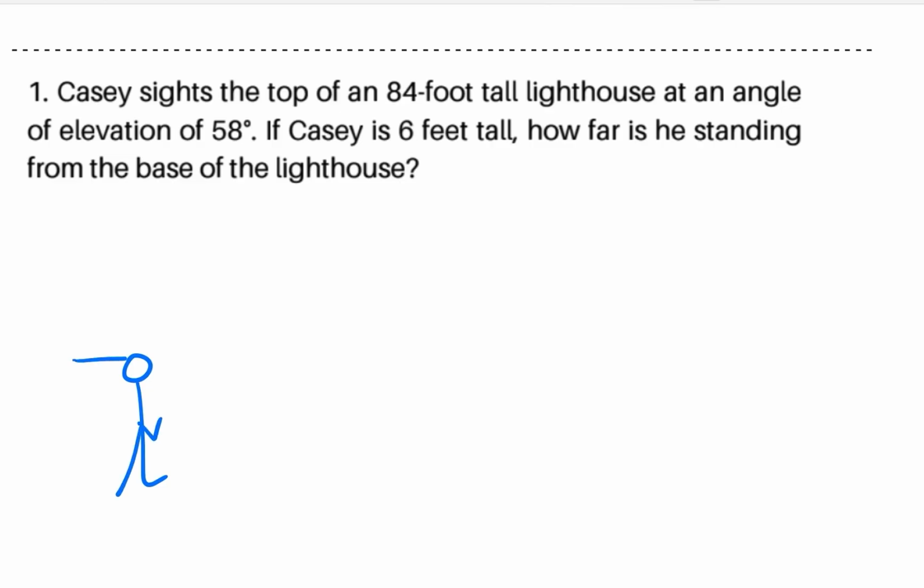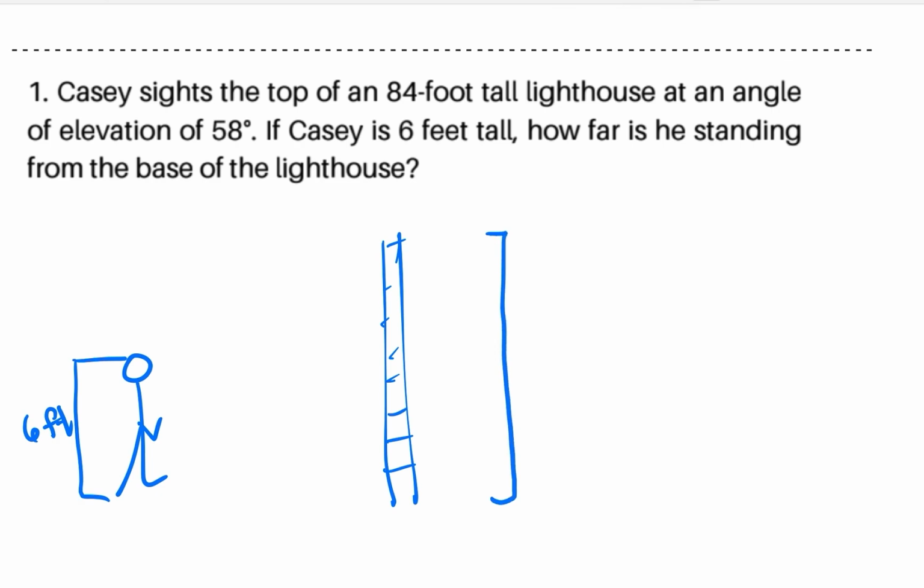So Casey is 6 feet tall and there is a lighthouse. This lighthouse is 84 feet tall. And we have Casey's line of sight. And how far is Casey from the base of the lighthouse?